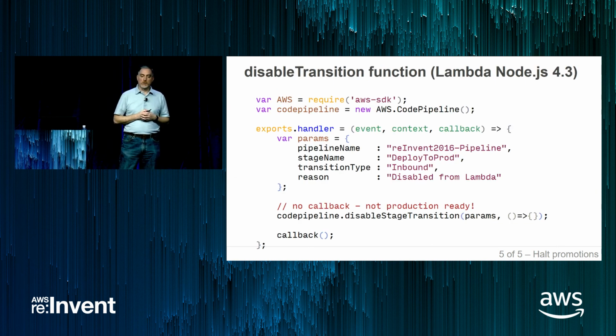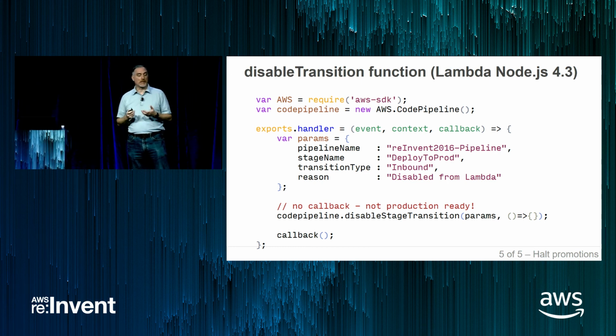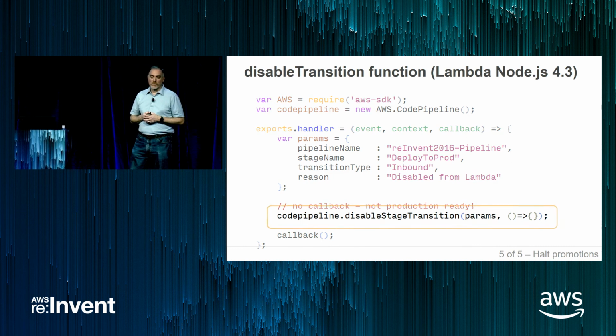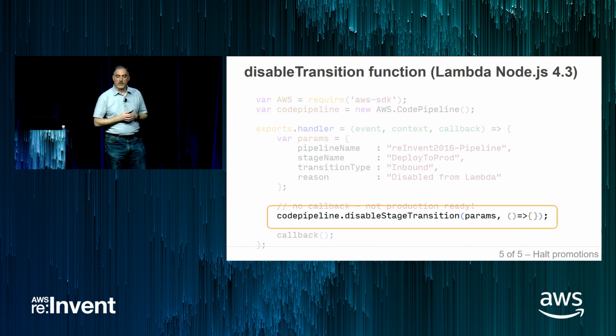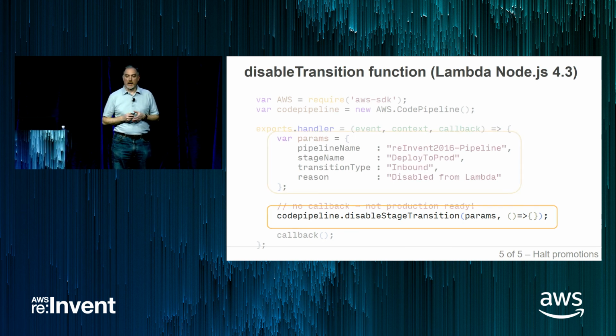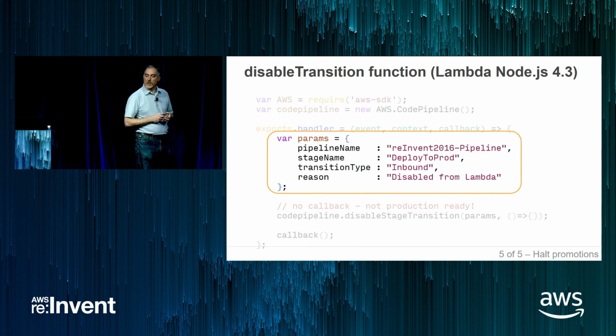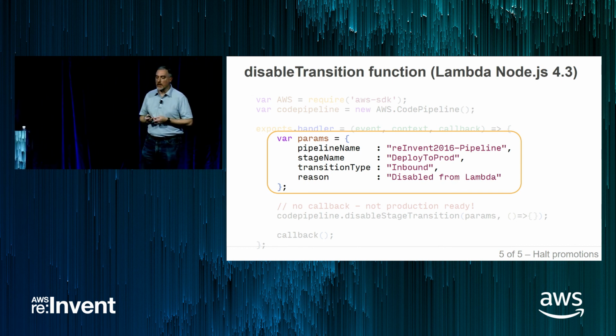The code to disable a CodePipeline transition is fairly trivial. CodePipeline has an API named DisableStageTransition. Now this is going to stop our change from entering production. We need to scope this by passing in the pipeline name, the stage name, and whether we're disabling the inbound or outbound transition, and also provide a reason.